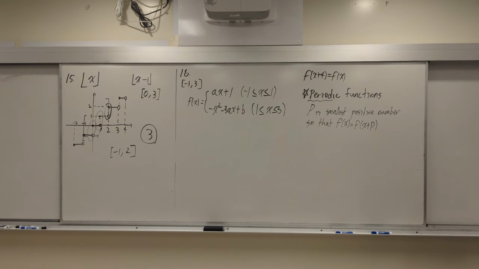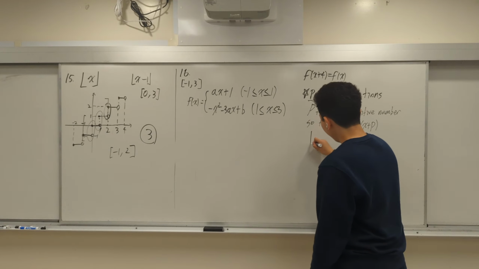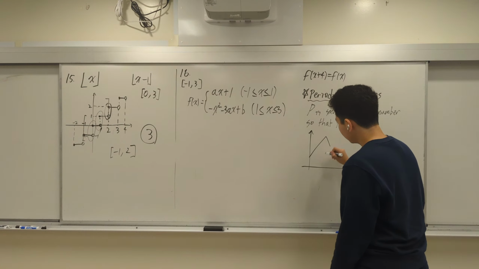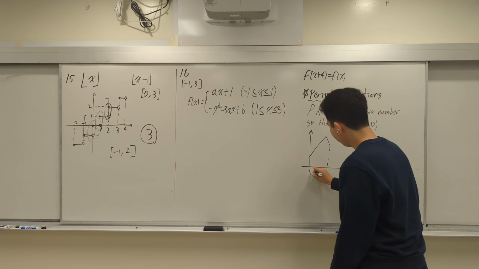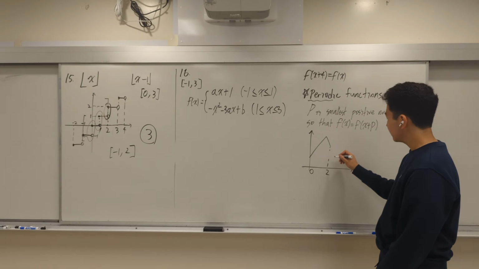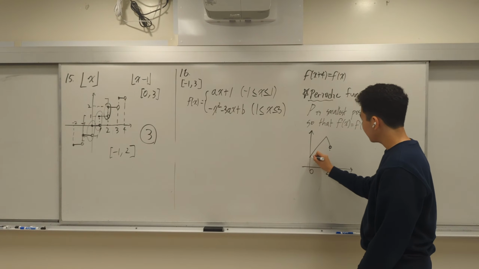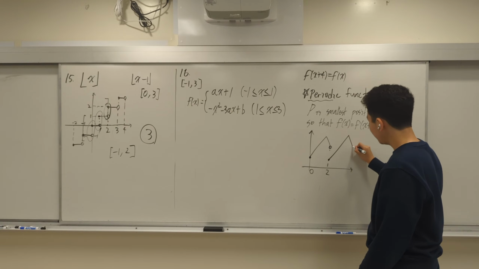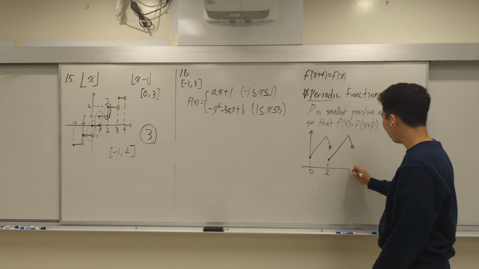Okay, so what does this mean? Let's say I have a function that is defined like this from 0 to 2, okay? And what I want to do is repeat the pattern. So I go the exact same shape like that, and then we end up at 4, right?